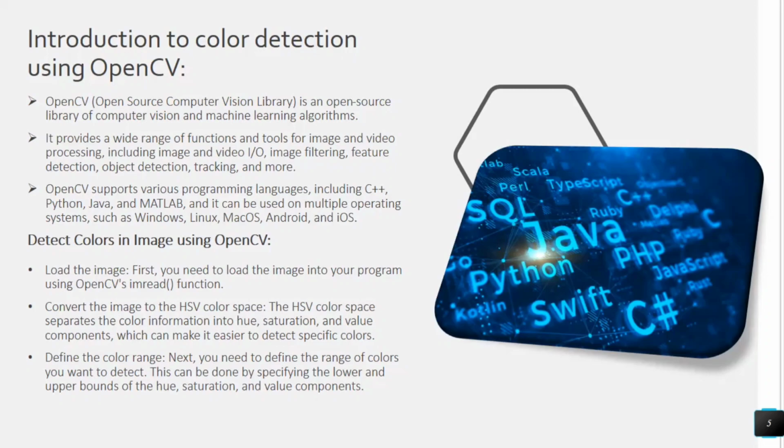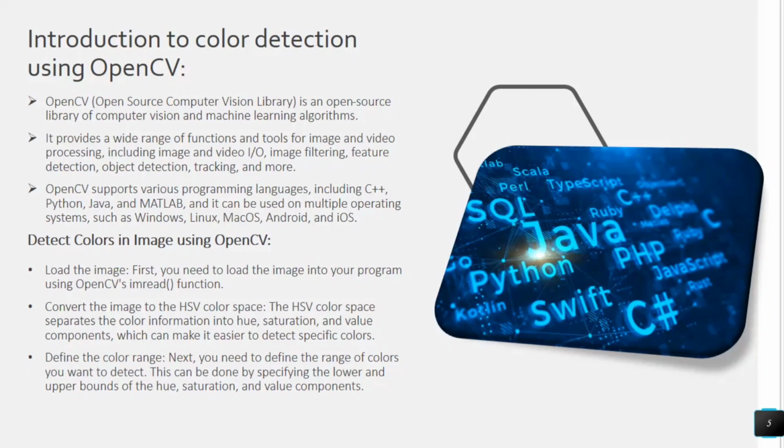It provides a wide range of functions and tools for image and video processing, including image and video I/O, input and output, image filtering, feature detection, object detection, tracking, and more. OpenCV supports various programming languages like C++, Python, Java, and MATLAB, and it can be used on multiple operating systems such as Windows, Linux, Mac OS, Android, and iOS.